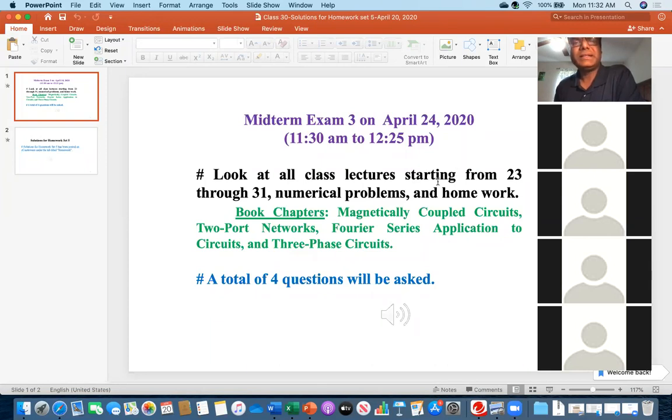Regarding the syllabus, you have to look at all class lectures starting from the 23rd through the 31st. The 23rd class includes the magnetically coupled circuits, and the 31st will be the next class, this means Wednesday's class. You have to look at numerical problems and homework.